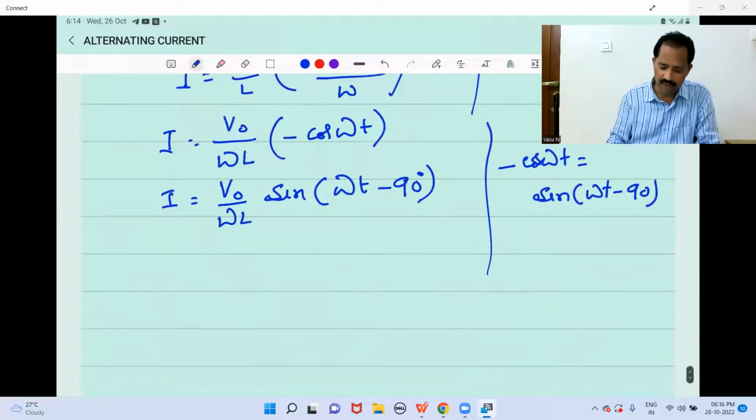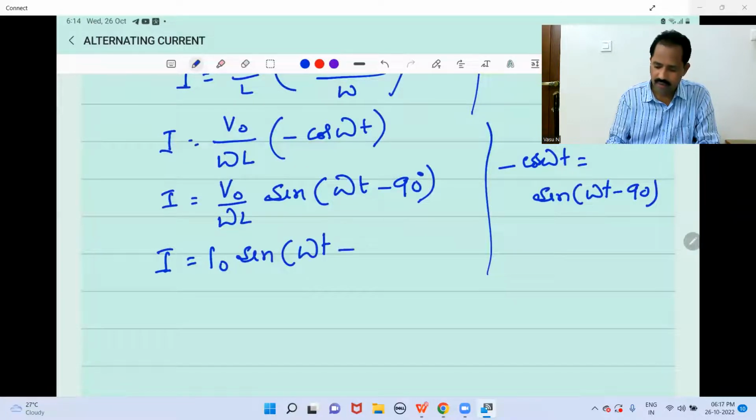So I have rearranged. I is equal to V0 by omega L sin of omega t minus 90 degree, or I can say I is equal to I0 sin of omega t minus 90 degree. Okay.